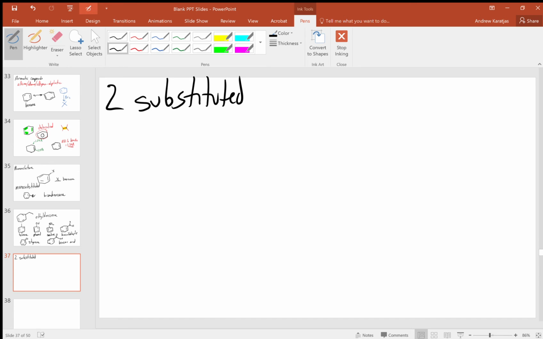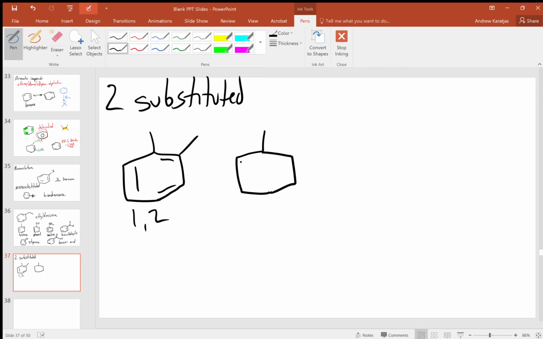So one of the things that happens is with 2 substituents, because you can only have one substituent at each position, it turns out there's only 3 ways to do it. 1,2, 1,3, and 1,4.